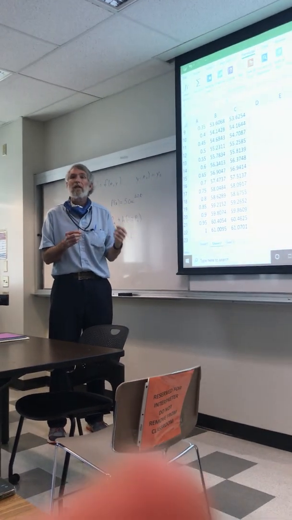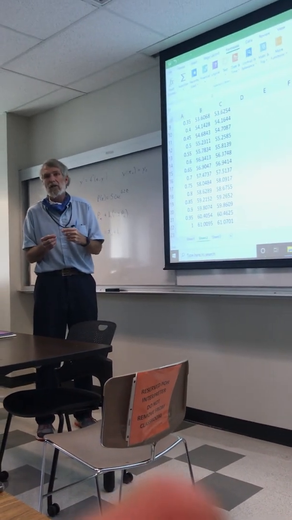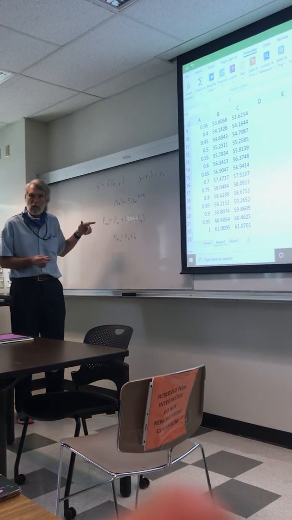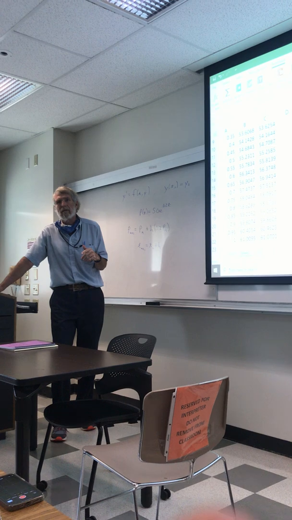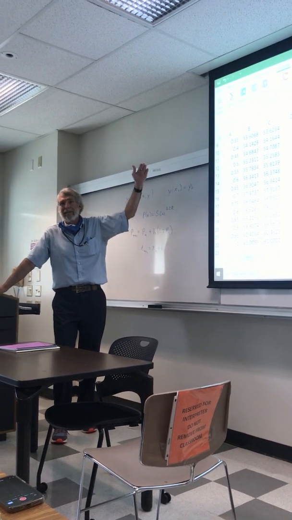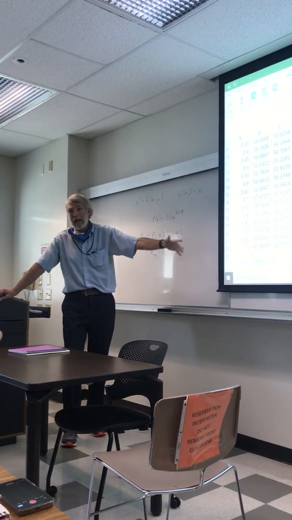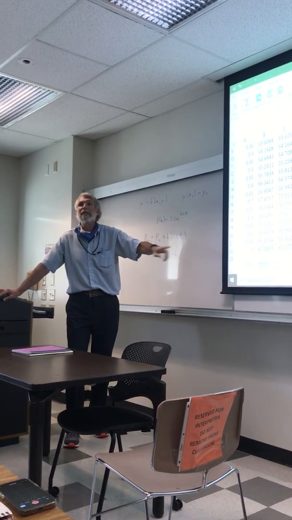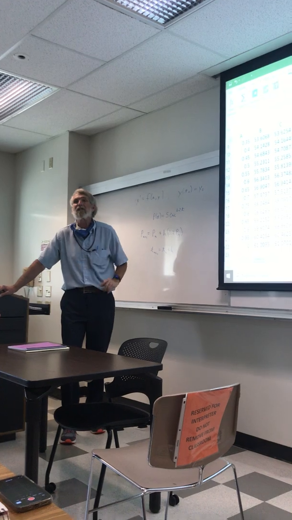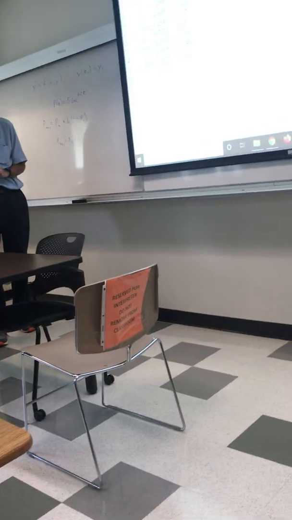To get down to 0.05 is twice the number of calculations going through this iterative loop as it was with h equals 0.1. It took me 10 steps on this one, it takes me 20 steps here. Now I'm getting a more accurate answer, but the cost was I did twice as many calculations.